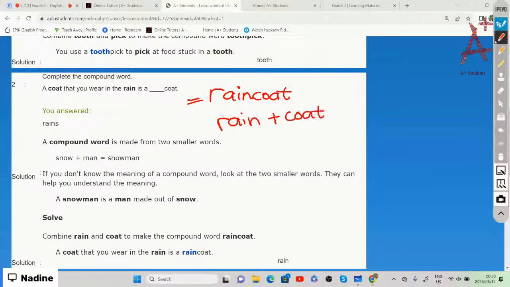And rain plus coat is raincoat. It is a coat that you wear in the rain, which we call a raincoat.